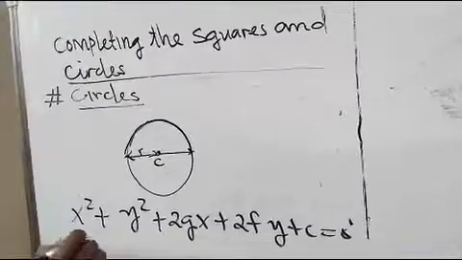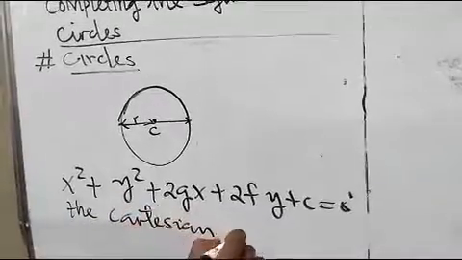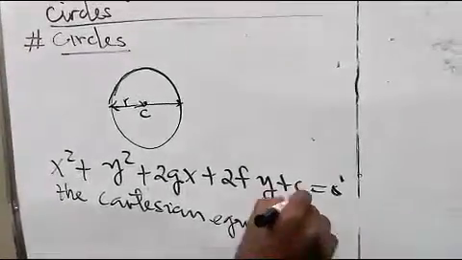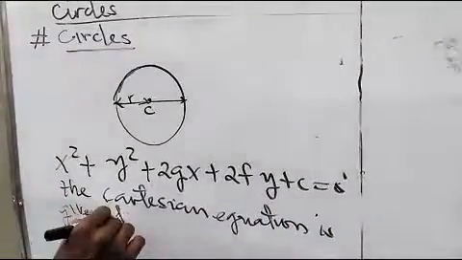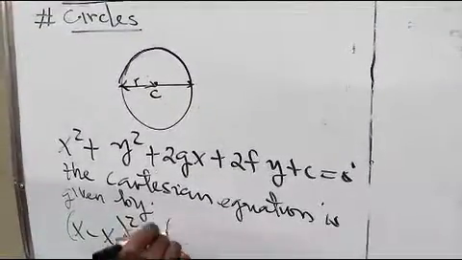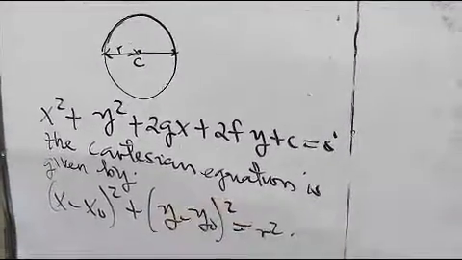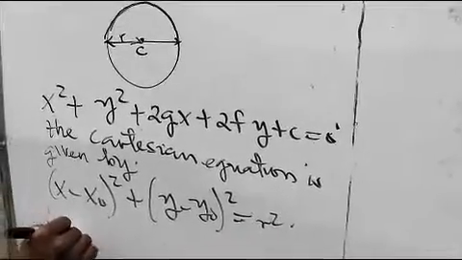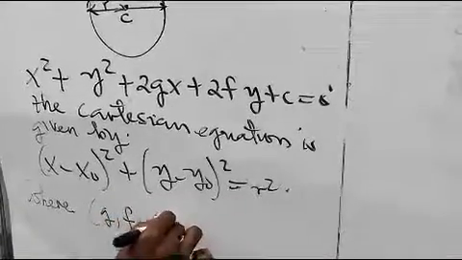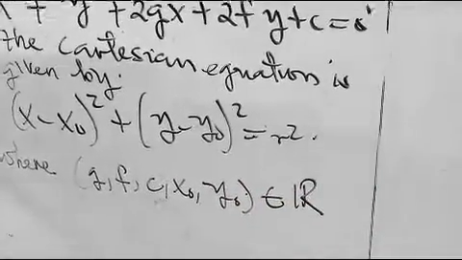And the Cartesian equation is given by (x minus x naught) squared plus (y minus y naught) squared equals r squared, where f, g, c, x naught, y naught all belong to the set of real numbers.